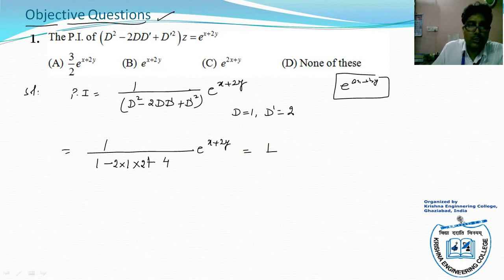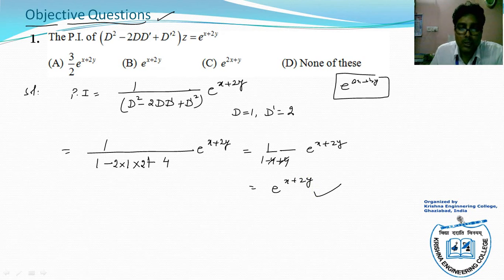So 1 minus 4 plus 4 is 1, so e to the power x plus 2y, the PI is x times e to the power x plus 2y. So option B is correct.